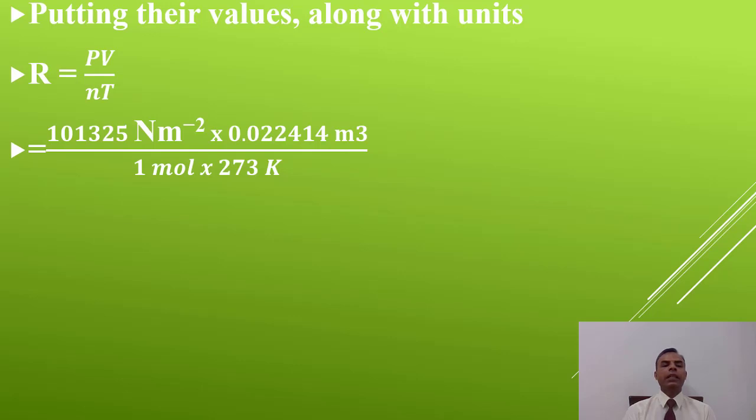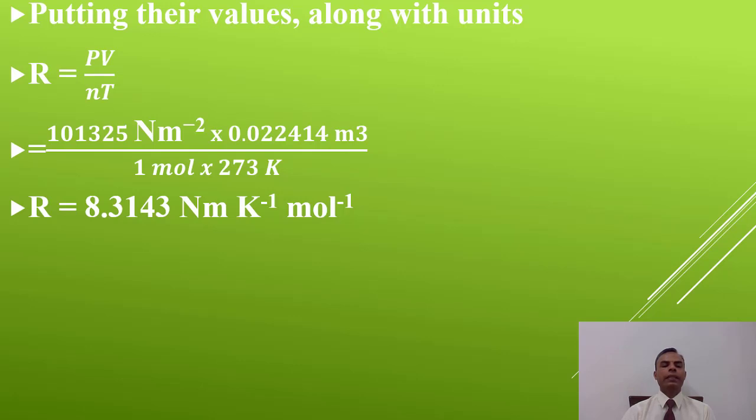By putting the value of pressure P, that is equal to 101,325 Newton per meter square, and the volume of the gas 0.022414 meter cube, and number of moles of the gas 1 mole, and the temperature of the gas, that is 273 Kelvin, the value of R becomes equal to 8.3143 Newton meter per Kelvin per mole.